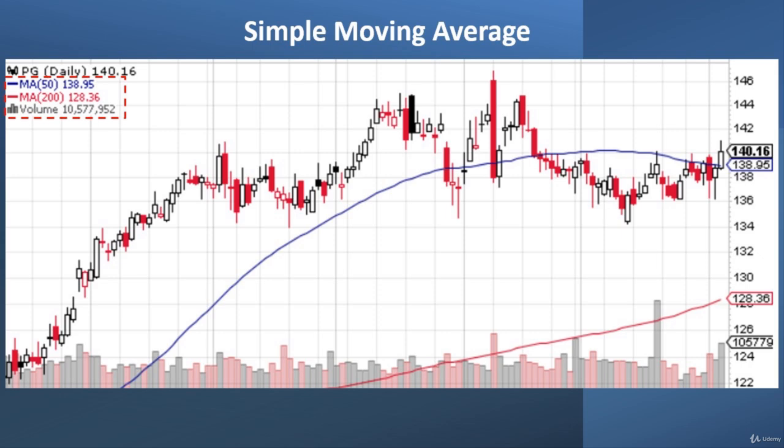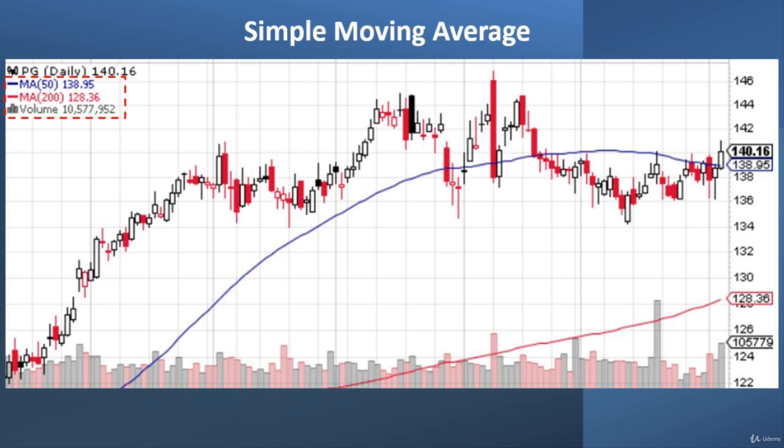You can see that the blue line, the more recent look back of only 50 days, is crossing over some of the prices, where the most recent prices are above or below the line. If we average it out over 200 days, that never happens to cross over. Sometimes it can, it's just that in this example, it doesn't.